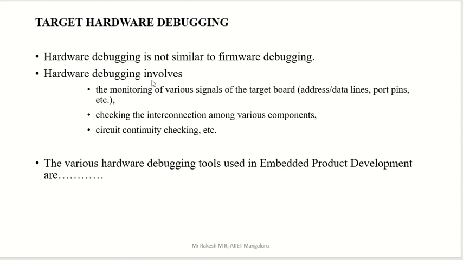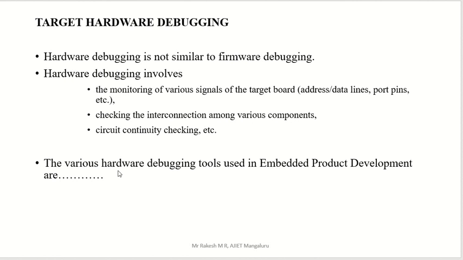Hardware debugging involves the monitoring of various signals of the target board, checking the interconnection among various components, circuit continuity checking. Like that we have many things inside hardware debugging. Circuit continuity means checking whether everything is connected properly or not. Checking the interconnection among various components, everything we have to check, right? So that is hardware debugging, but software debugging is somewhat different.